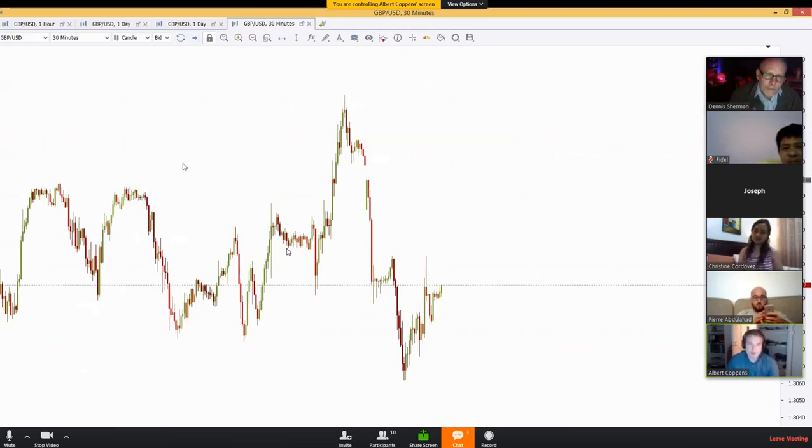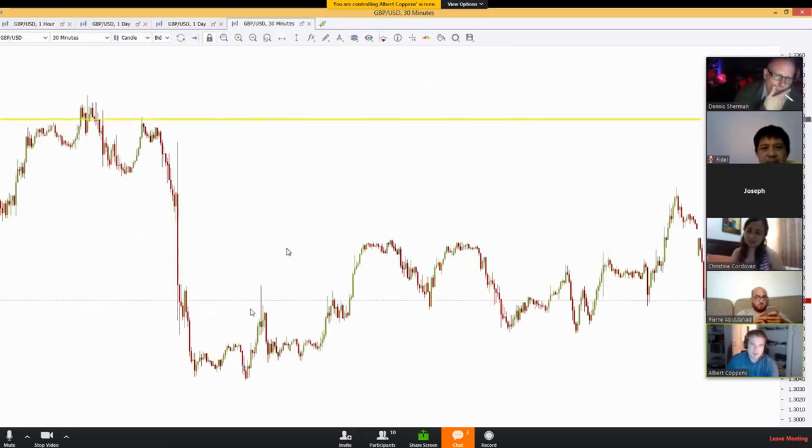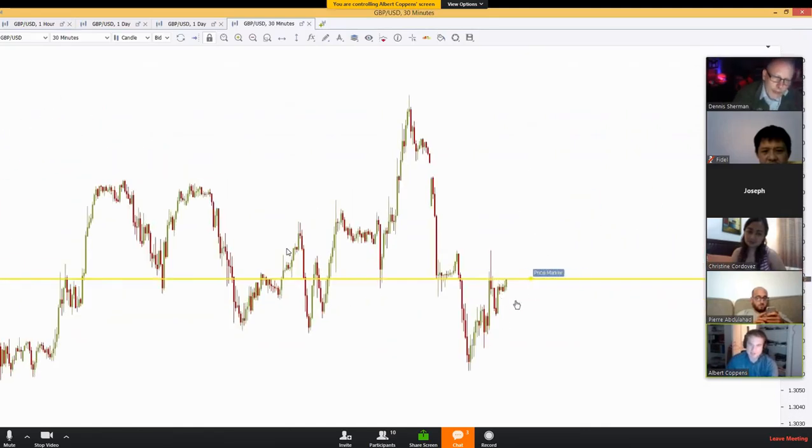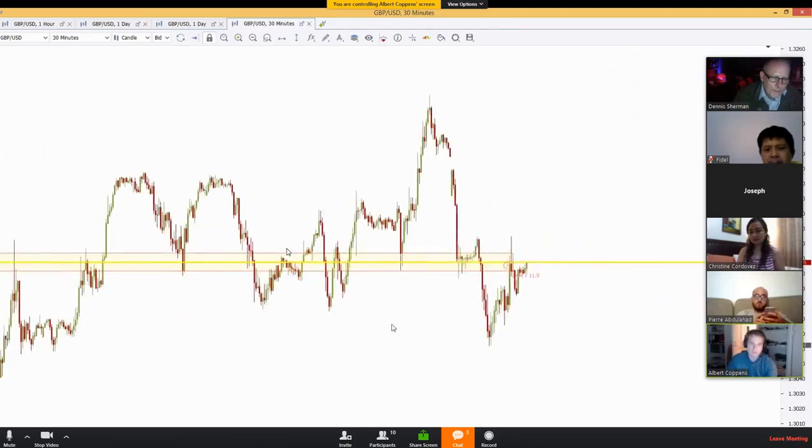Last thing, before we close the webinar: if you see right now the consolidation, it's exactly on this level, the yellow line. This is the price where we are trading right now, right? If you see this range, we are actually trading in the NFP high level area. This level is what we call the NFP high area of last November.